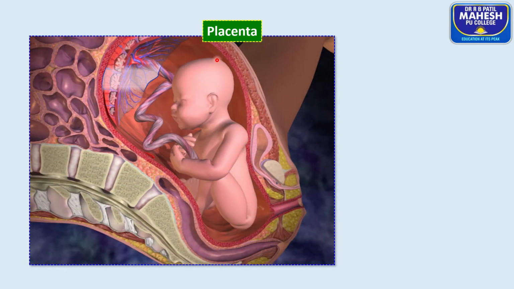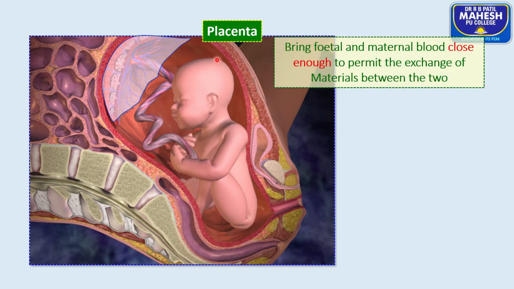When you look at the structure of the placenta, it is made up of two components. One is the fetal component, the other is the maternal component. The fetal component is made up of 4 extra embryonic membranes: amnion, chorion, allantois, and yolk sac.